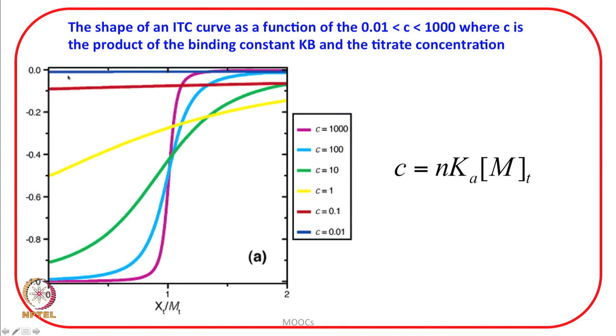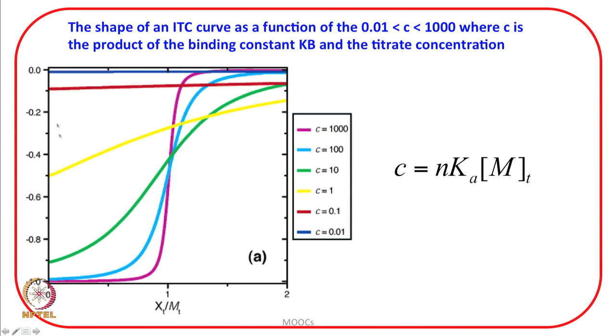This is corresponding to a value of C which is equal to 0.01. This is for 0.1, and for a C value of 1, yellow line is observed. For a C value of 10, the green curve. For a C value of 100, the bluish curve. And for a C value of 1000, this violet type of curve is observed.